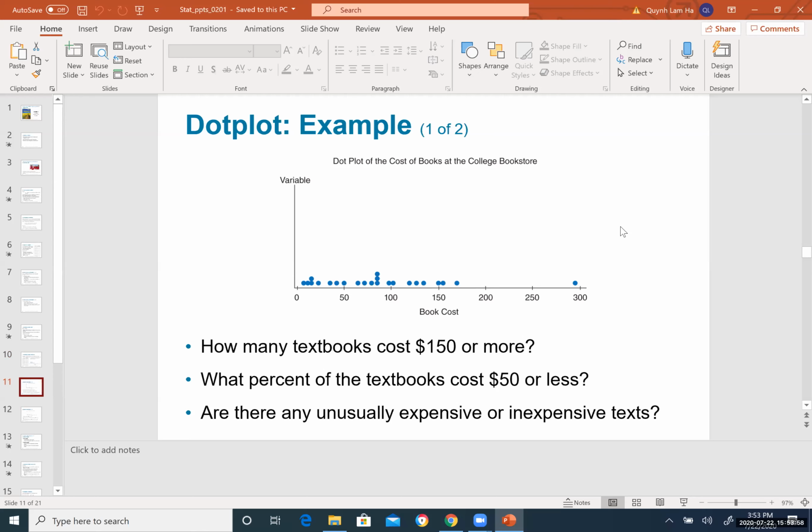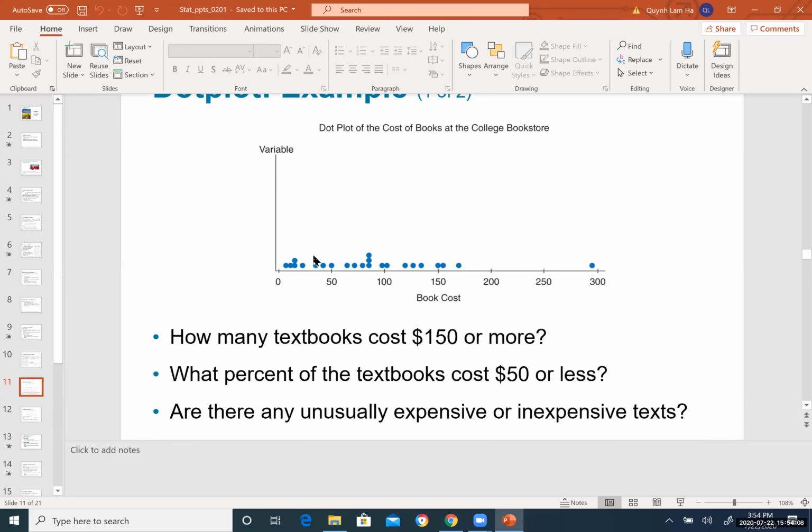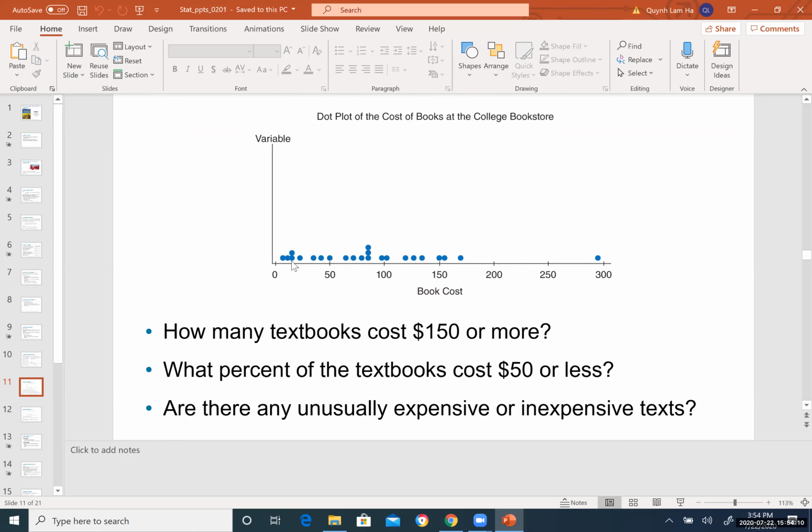So here is another example. This example is talking about a college bookstore. Right here you can see each dot represents one price, the price of one book. And all the way you can see one book is very expensive right there, almost $300. Most of the books are running less than 150, right?